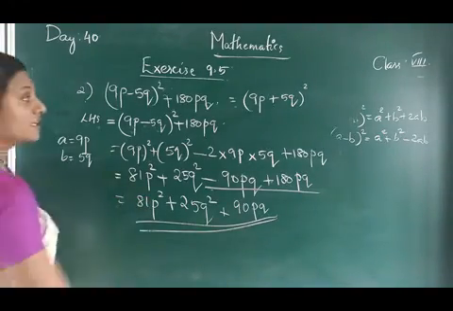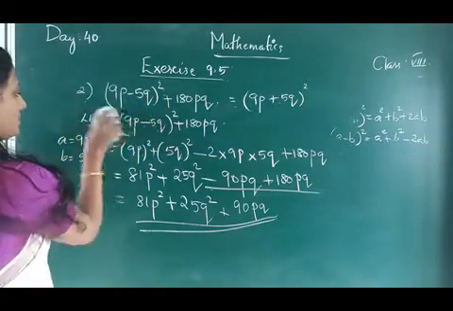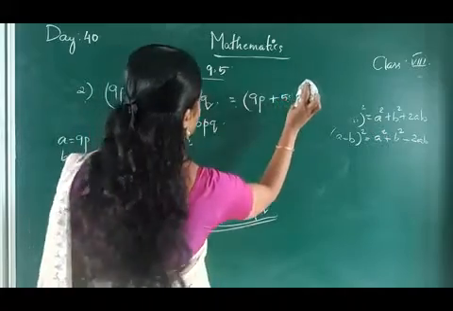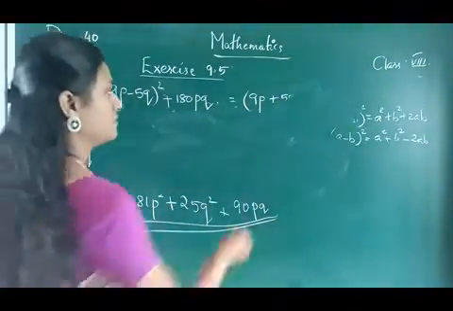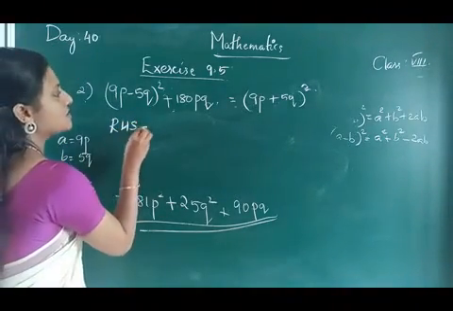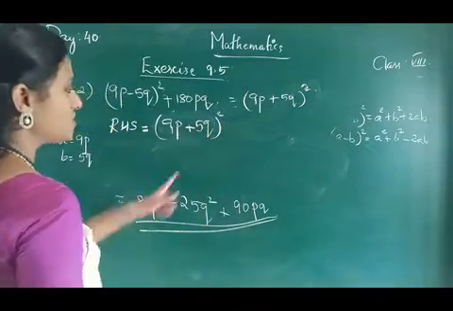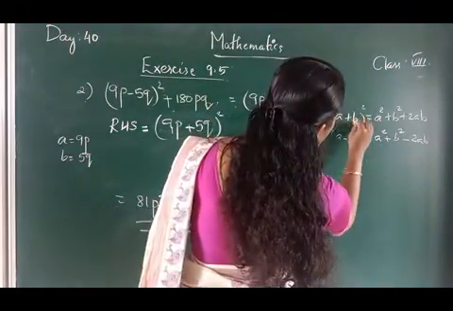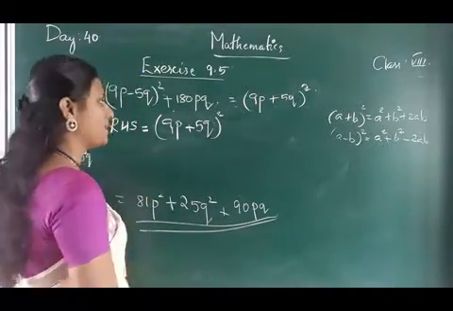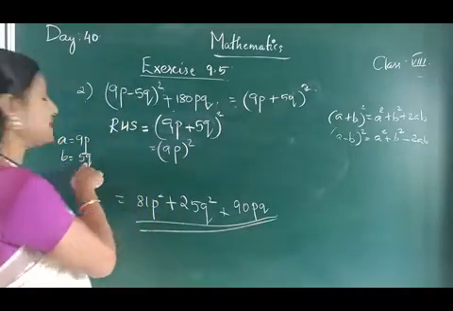Now we will prove RHS and LHS same. So next you have to take the RHS. Let's find the whole square. So RHS is equal to 9p plus 5q the whole square. So this is of the form a plus b the whole square. And what is a plus b the whole square? A square plus b square plus 2ab. So this can be written as 9p square. A the place is 9p, b the place is 5q.